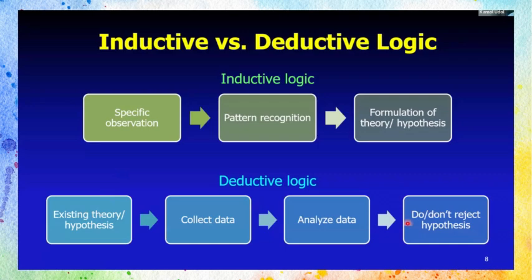And then they accept that this relationship is correct, and cholesterol should be the risk factor or cause of cardiovascular disease. So these are two logics frequently used in research, especially in medical science.